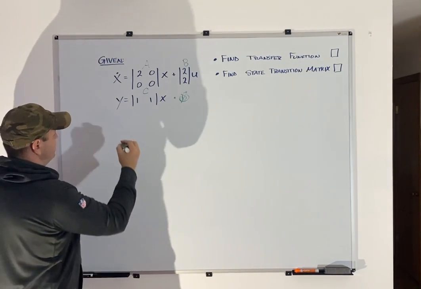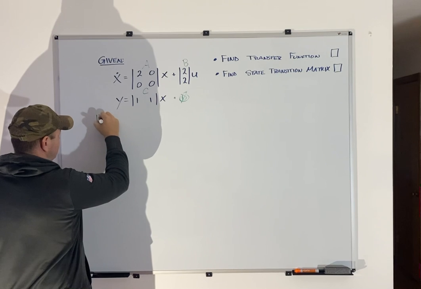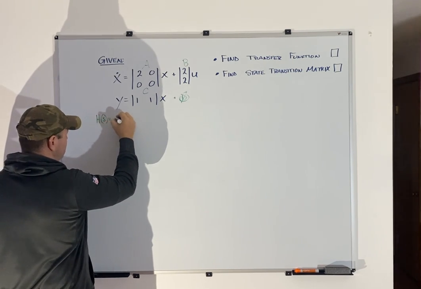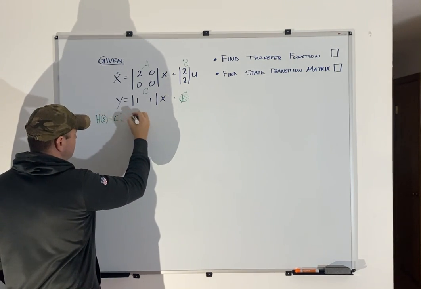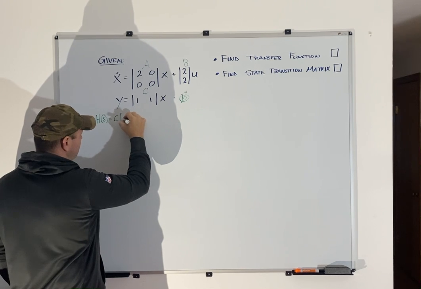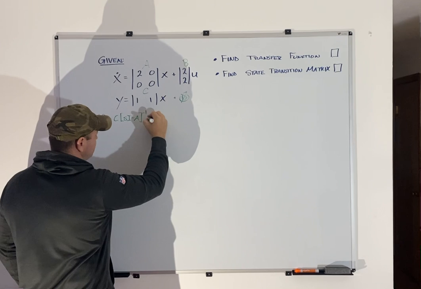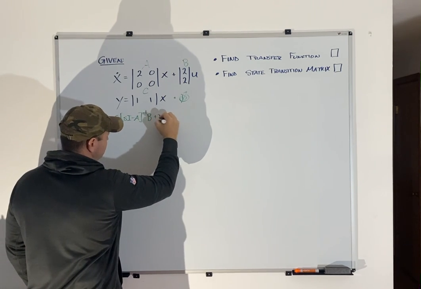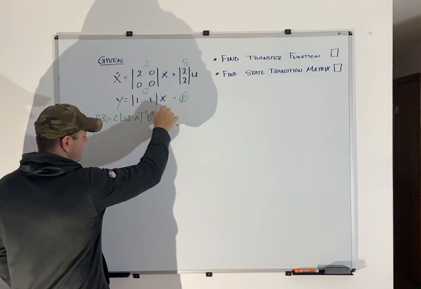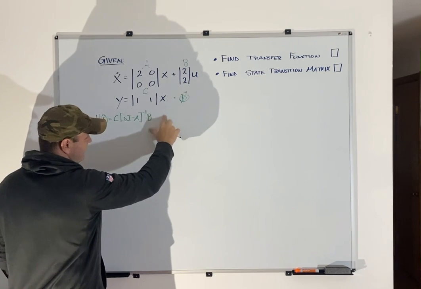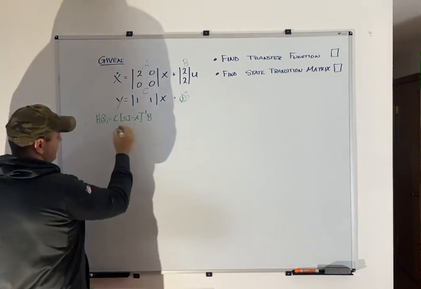Find the transfer function. Okay, transfer function is going to be called H of S. It's going to be equal to C times (S I minus A) inverse times B plus D. D's not part of the equation, so it's not written. Okay, let's just write it out.